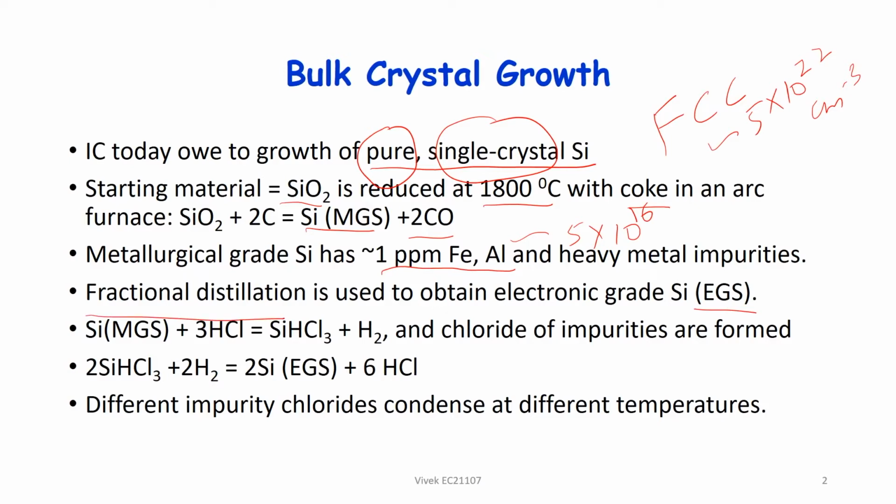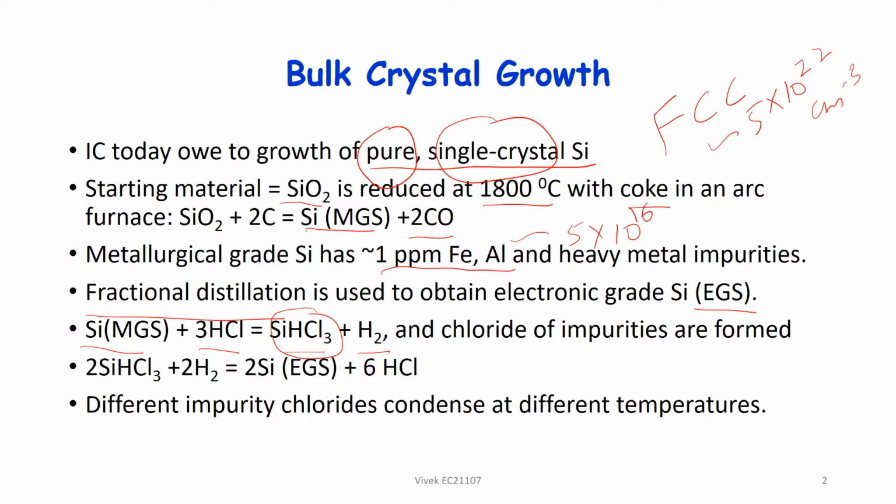Now fractional distillation is used to obtain electronic grade silicon. So what is done here? Silicon which is metallurgical grade, we react it with HCl to form silane, SiHCl3, and hydrogen gas. This SiHCl3 is distilled.